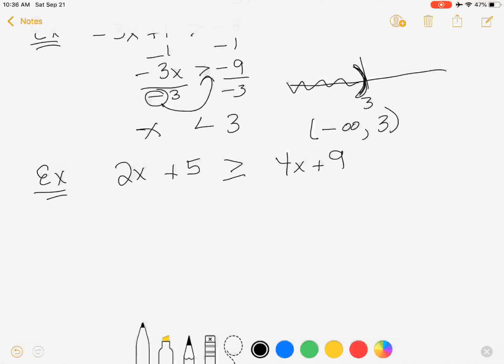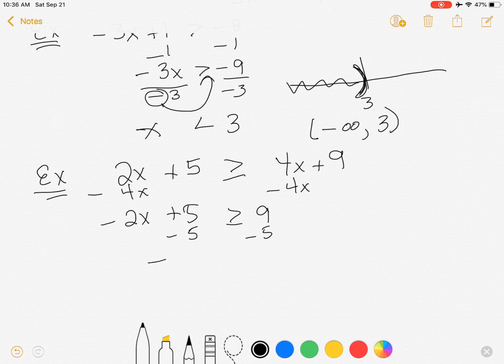So again, I'm moving that variable to the left-hand side of the inequality. So I'm going to subtract 4x from both sides. So I get negative 2x plus 5 greater than or equal to 9. So I'm going to subtract 5 from both sides. So I get negative 2x greater than or equal to 4.